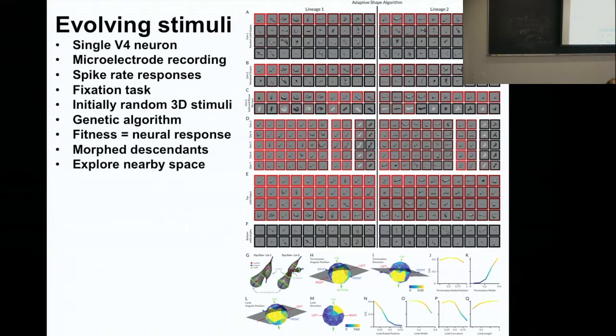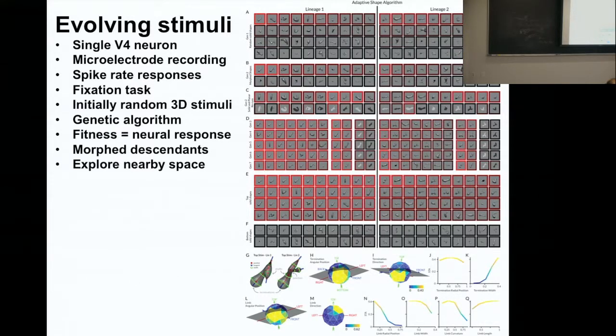And then the way the stimuli evolve across multiple generations is controlled by a genetic algorithm where the fitness measure is just the neural response. So higher fitness stimuli, higher response stimuli, are more likely to be represented by descendants in subsequent generations. The descendants are partially morphed versions of those ancestors, which represents local jumps in shape space.